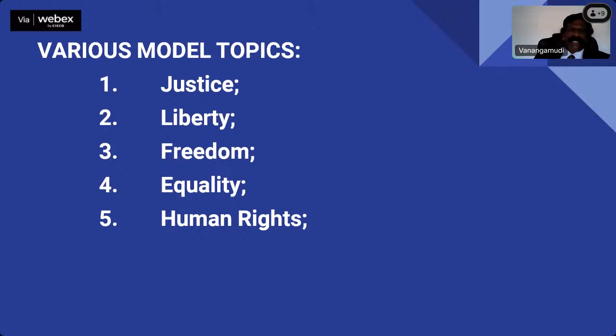The ICESCR was incorporated in the name of Directive Principles. So my understanding is that no other country in the world has incorporated human rights in its constitution as it is incorporated in the Constitution of India.